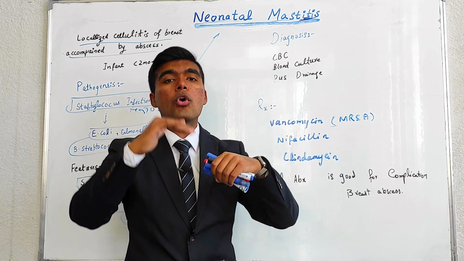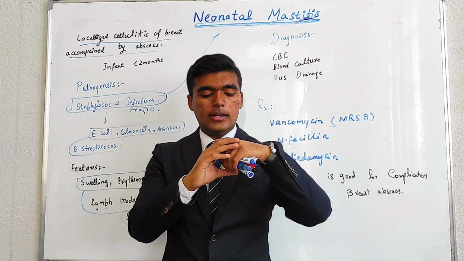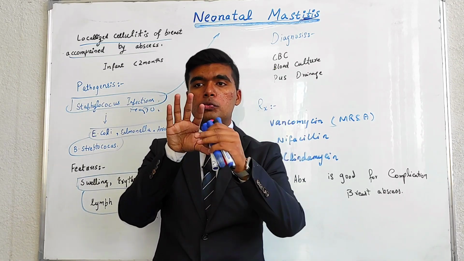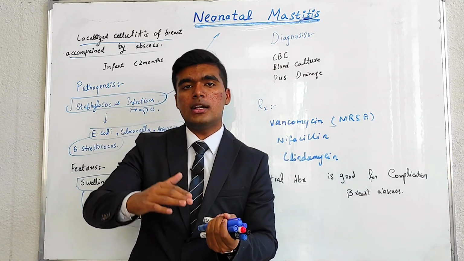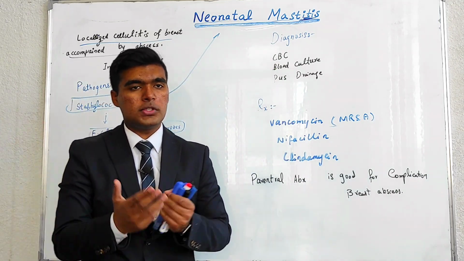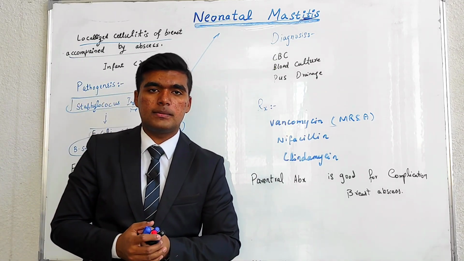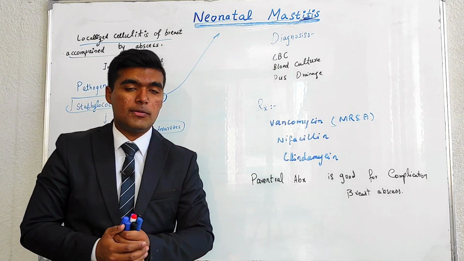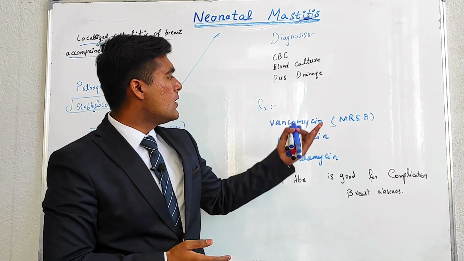Second, more milk is produced than required, and due to that, milk accumulation occurs in the breast, and due to that accumulation infection comes up, and ultimately mastitis develops. So that's how it occurs in breastfeeding women. And in neonates, the major contributors are staphylococcus infection as well as E. coli, anaerobes, and beta streptococcus.